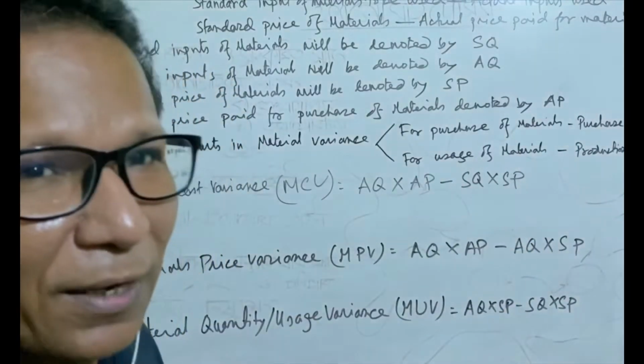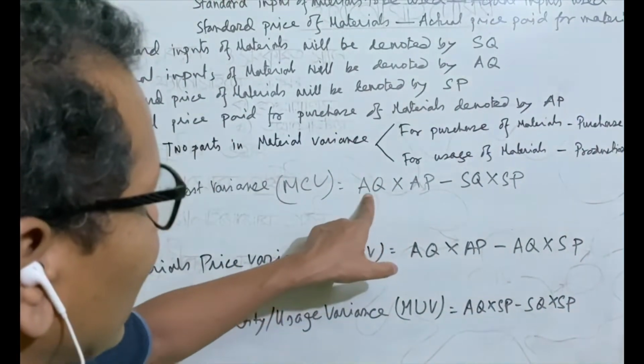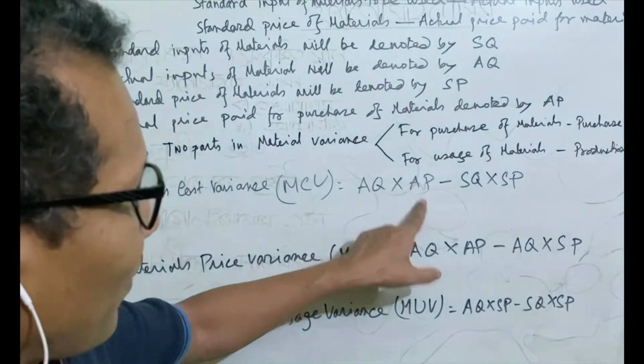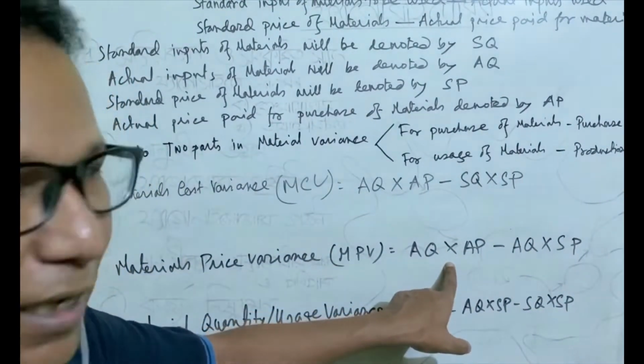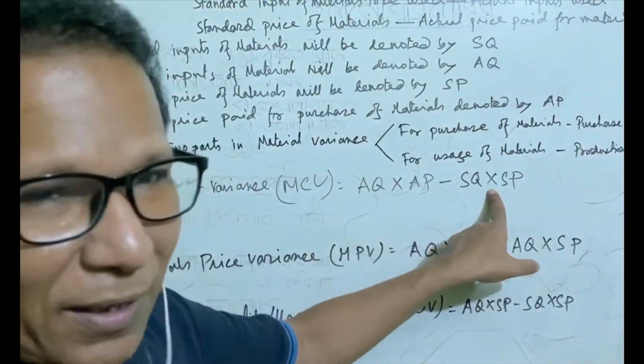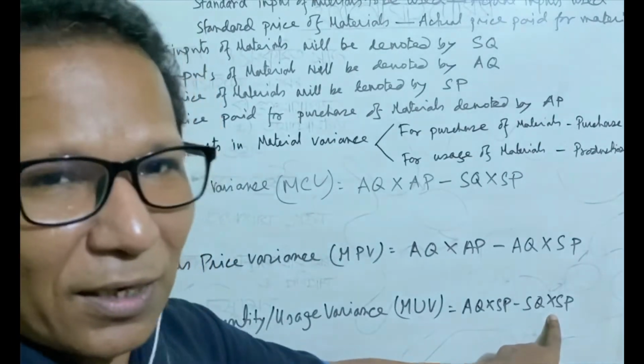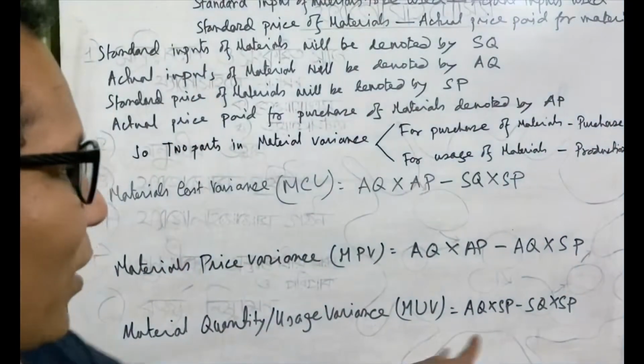To memorize the formulas, look at the first formula. Here AQ into AP is the first part of the second formula, material price variance, and the last part of the material cost variance is the last part of the material quantity variance.